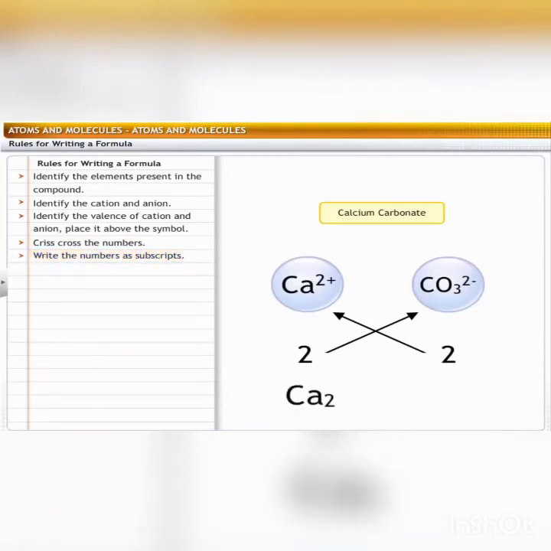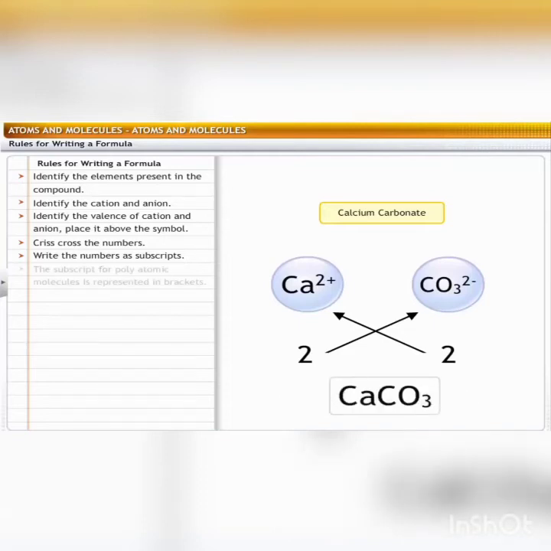So here you will get Ca2 and CO3 2. Here both are having valency 2, so we can write it as CaCO3. The subscript for a polyatomic ion is enclosed in a bracket before writing the number of units.